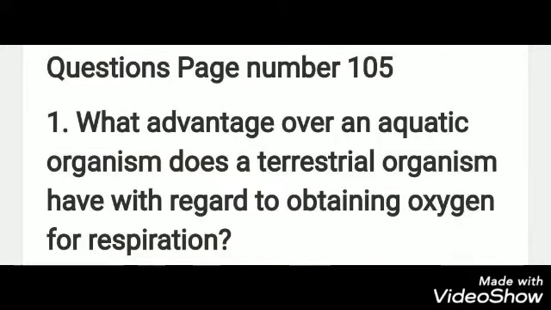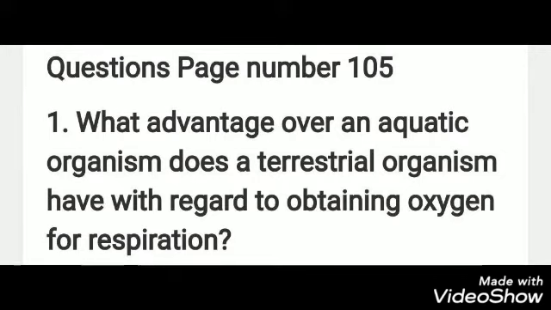The oxygen level is high in the atmosphere when compared to the oxygen level in water. So it is easy for the terrestrial organisms to get the required amount of oxygen.